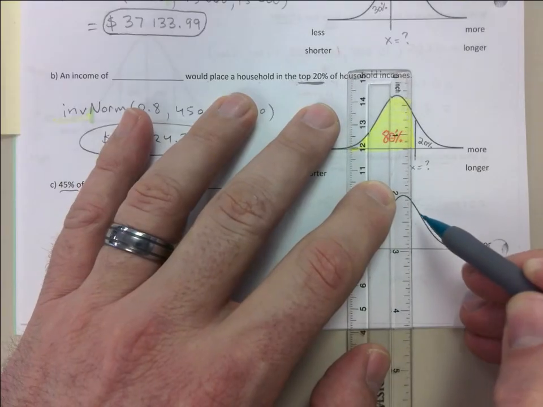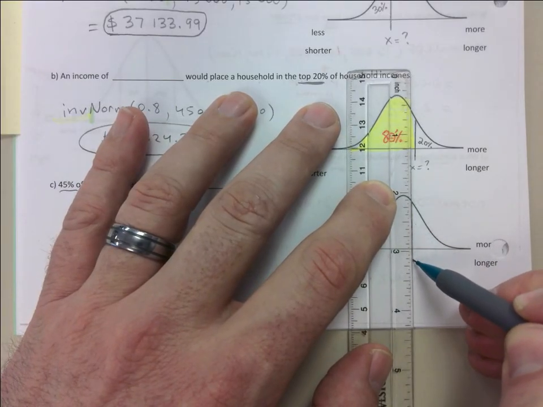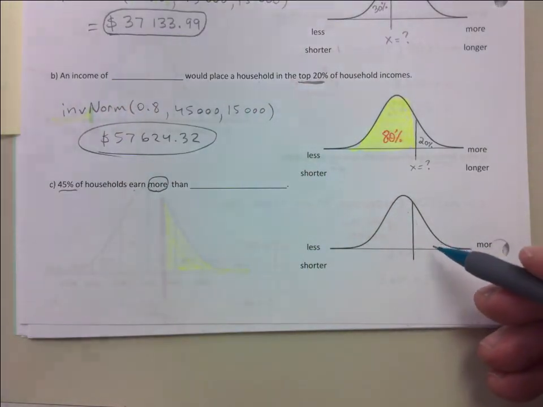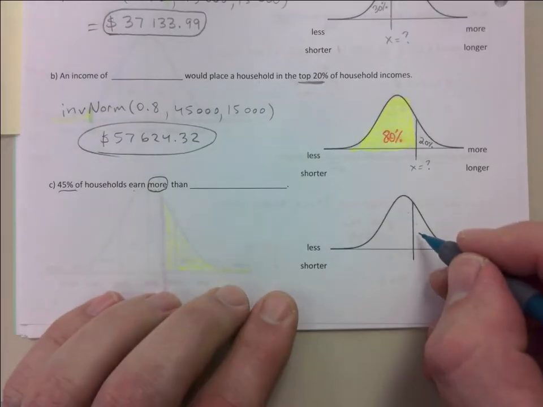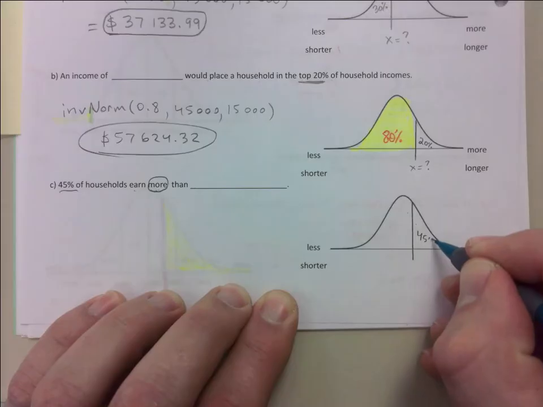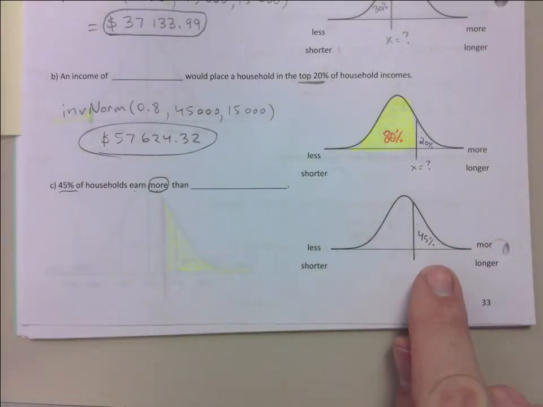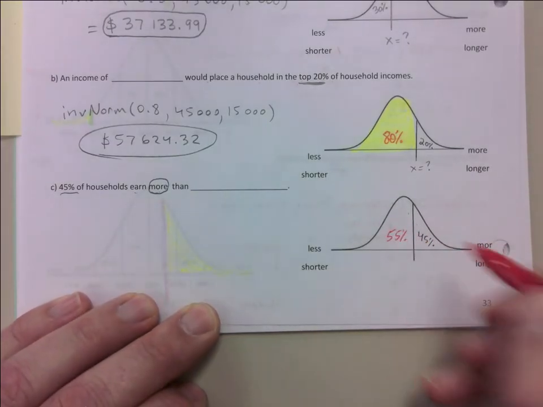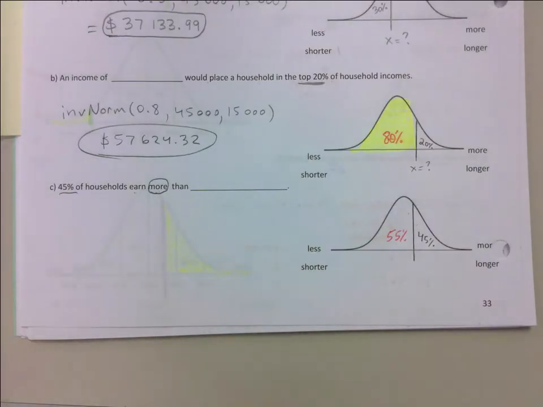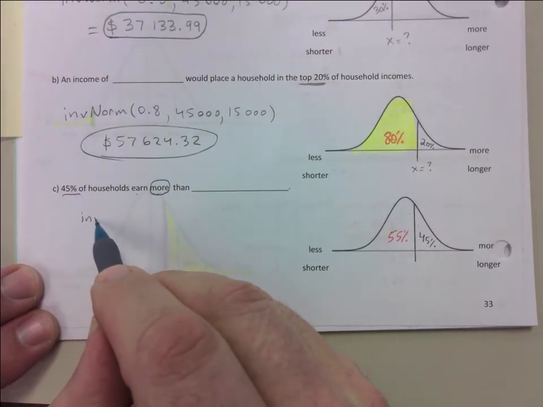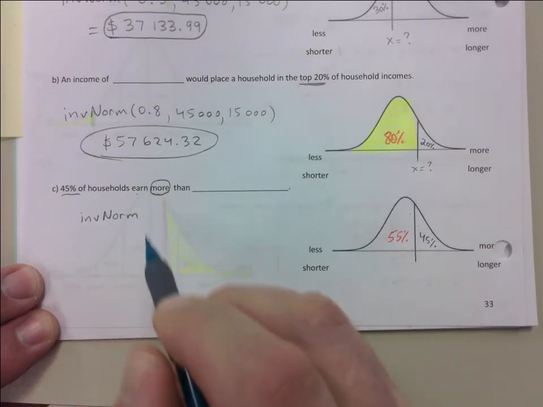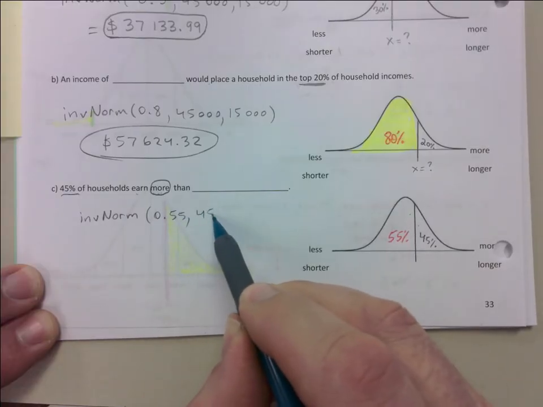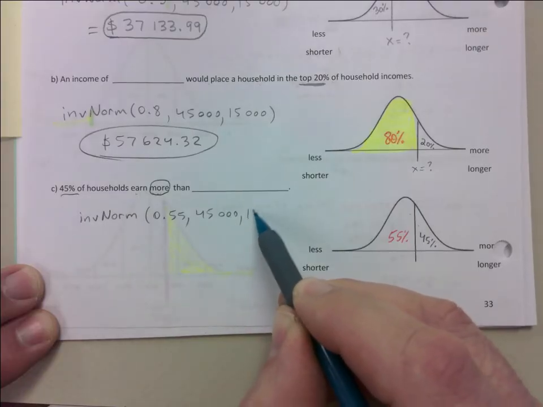So I would shift a little bit over to the right, because this is not even for marks, this graph. This is just showing our reasoning, right? How are we coming up with the values we need? They're giving us 45%. We want everything to the left, which is going to be 55%. So we're going to use inverse norm here. 0.55, 45,000, 15,000.